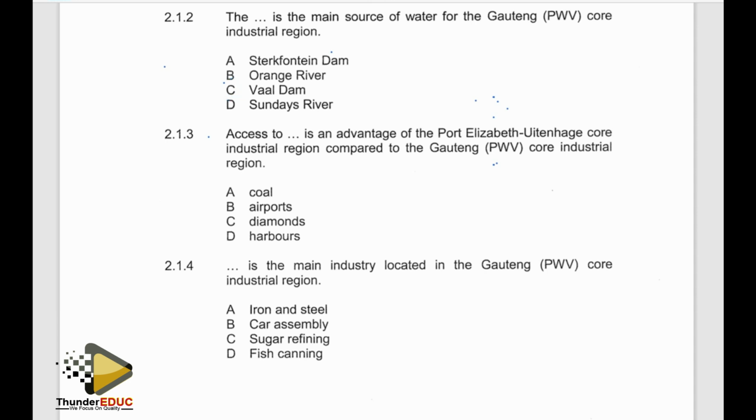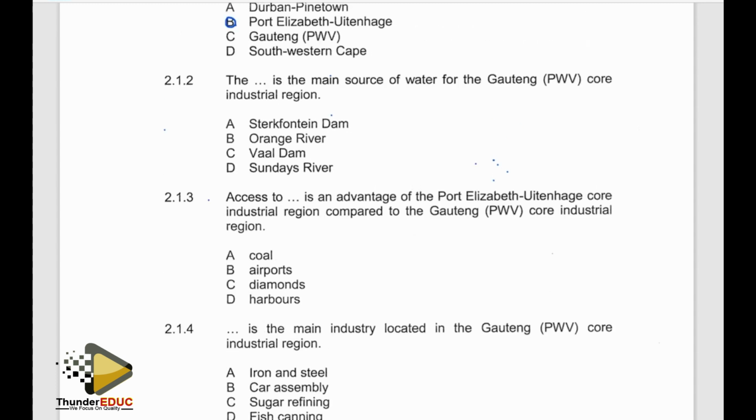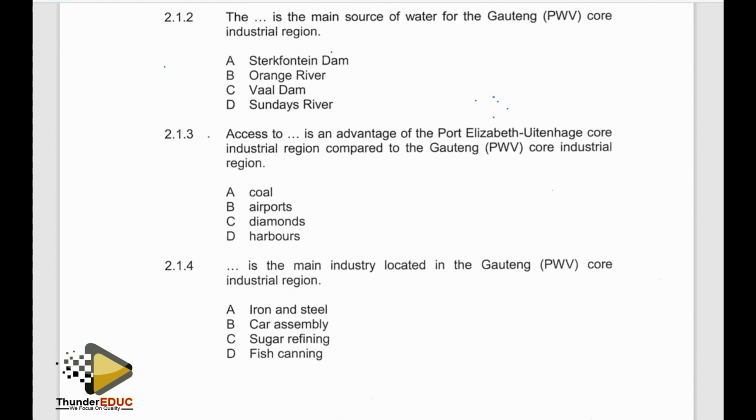Then we move on to question 2.1.3. It says access to dash is an advantage of the Port Elizabeth Uitenhage core industrial region compared to the Gauteng PVW core industrial region. What is the advantage in terms of access that is enjoyed by the PE Uitenhage industrial region compared to Gauteng? The correct response there is harbors.